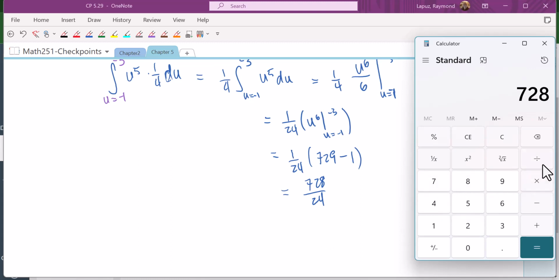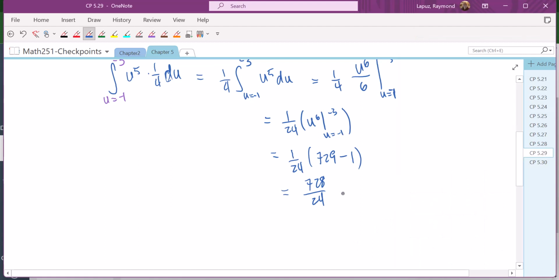And we'll see if we can simplify 728 divided by 24. Maybe we can take a 2 out. 728 divided by 2 is 364.